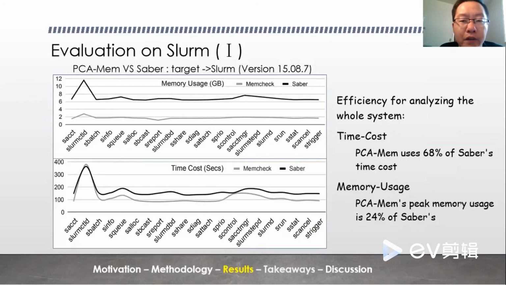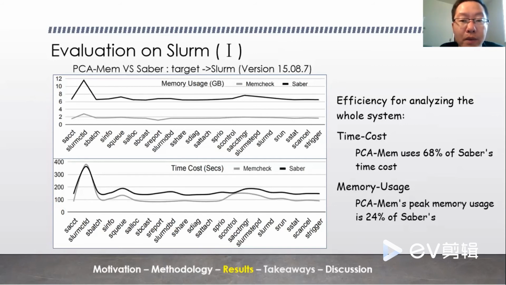To evaluate efficiency, we run both tools against an industrial-scale workload manager, SLURM. Here, we demonstrate the memory usage and the time cost of both tools on all executables in SLURM.